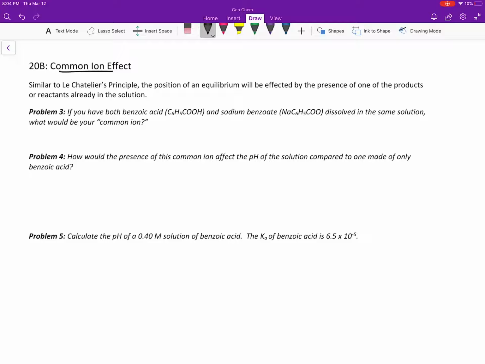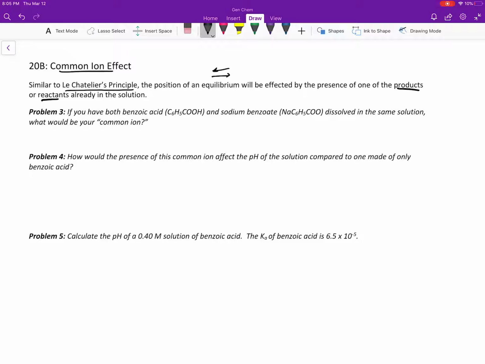So what is the common ion effect? First, it's going to be similar to Le Chatelier's principle, so shifting right and shifting left. We're going to affect the position of equilibrium, left and right, based on the presence of one or more of the products or reactants already in solution. So we're basically taking something that's at equilibrium, adding more, and disturbing the equilibrium.